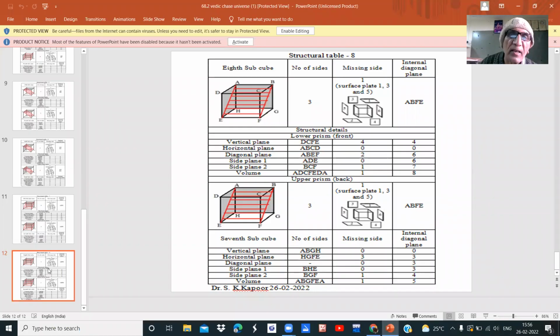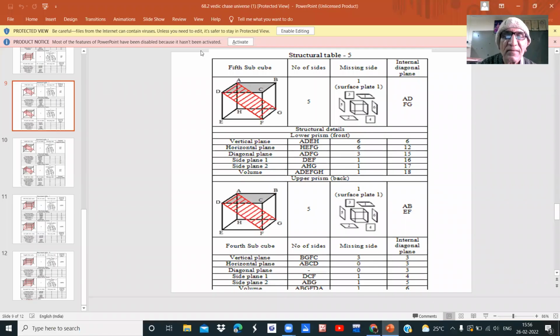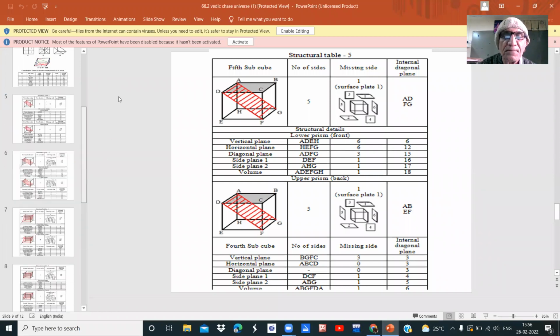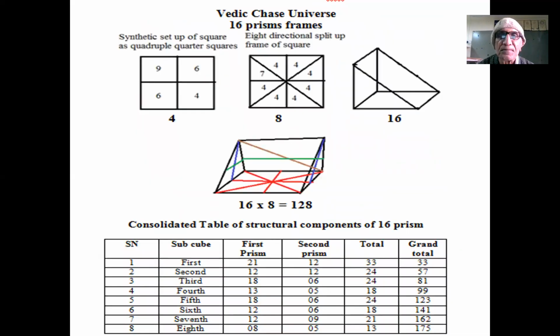And finally, we will see that we are having in all 175 components. Now, this setup of a cube as of 8 subcubes of 16 distinct parts as 16 prisms is the complete setup.